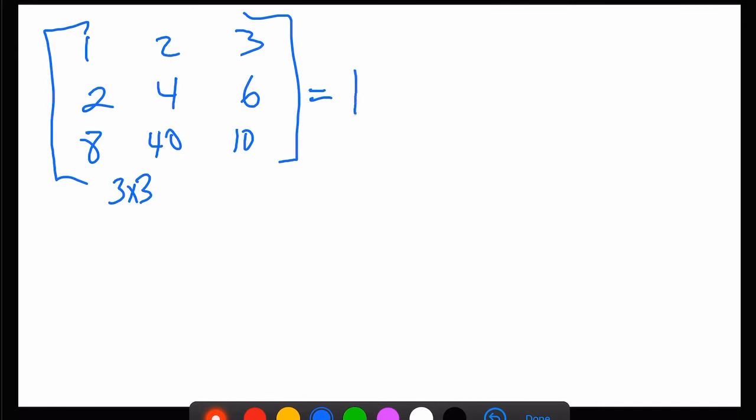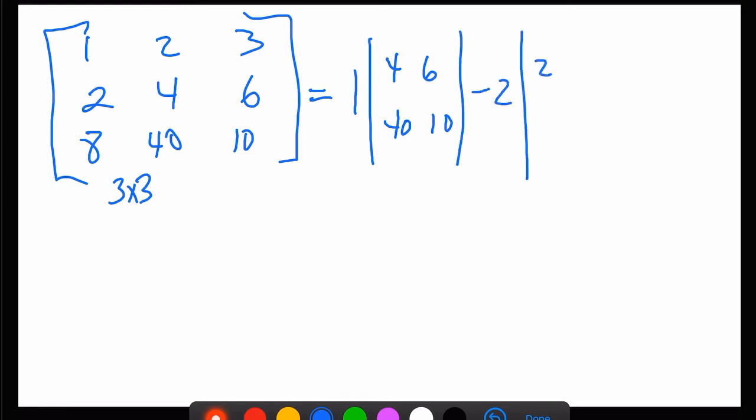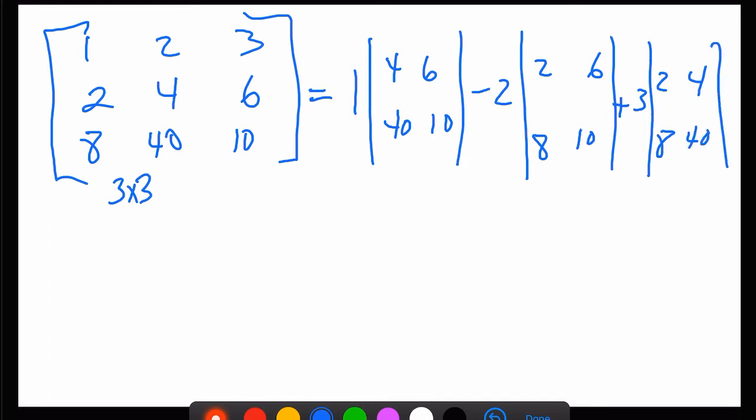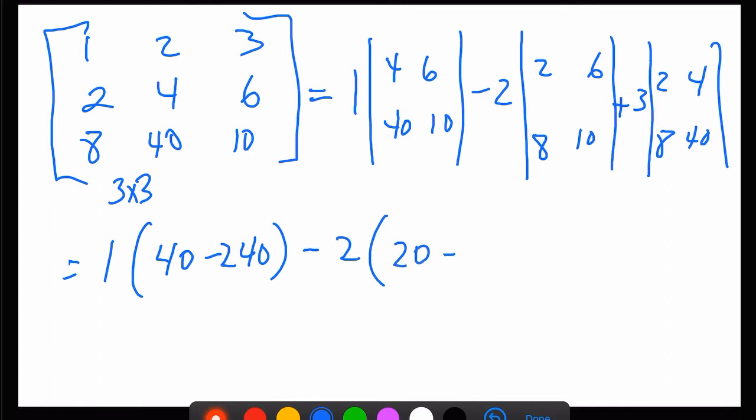Well, let's say 1 times the determinant of the matrix 4, 6, 40, 10, minus 2 times the matrix 2, 6, 8, 10, plus 3 times the determinant of the matrix 2, 4, 8, 40. Okay? So that's 1 times (40 minus 240), minus 2 times (20 minus 48), plus 3 times (80 minus 32).